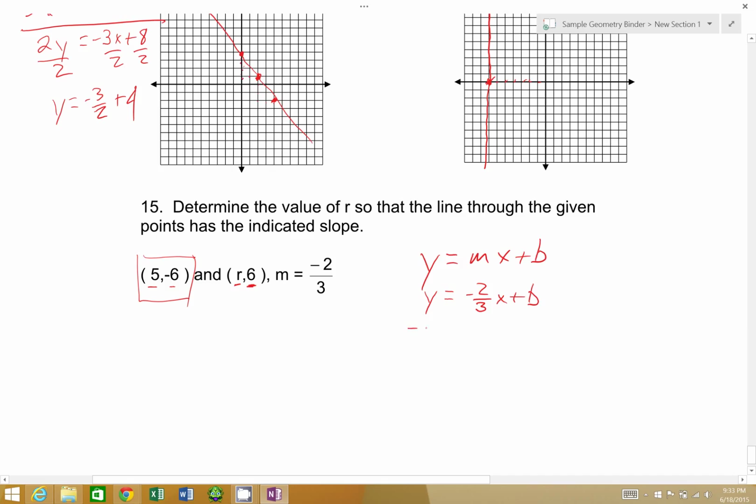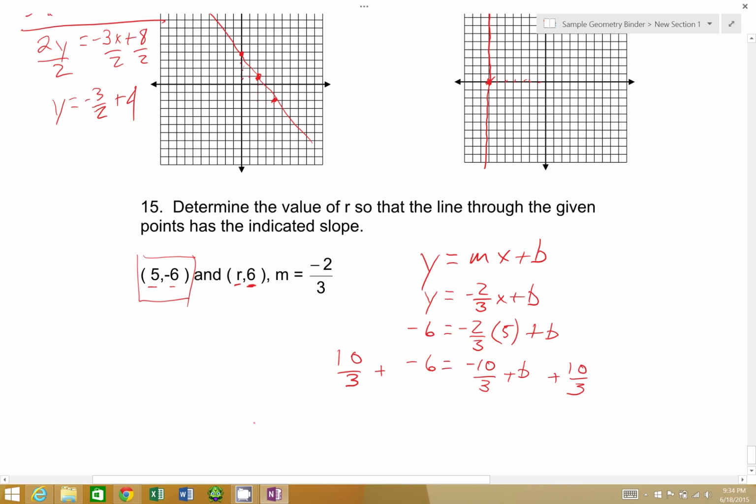So I have negative 6 equals negative 2/3 times 5 plus b. So I have negative 6 equals negative 10 over 3 plus b. I'm going to add 10/3 to both sides to get rid of it.